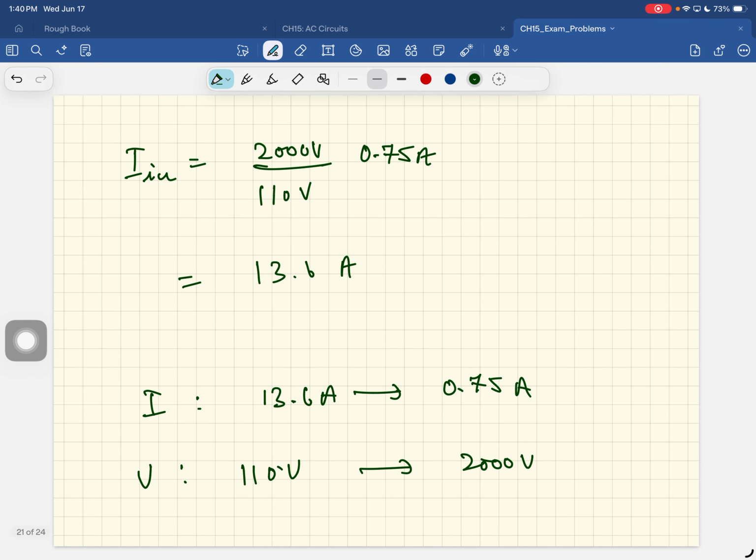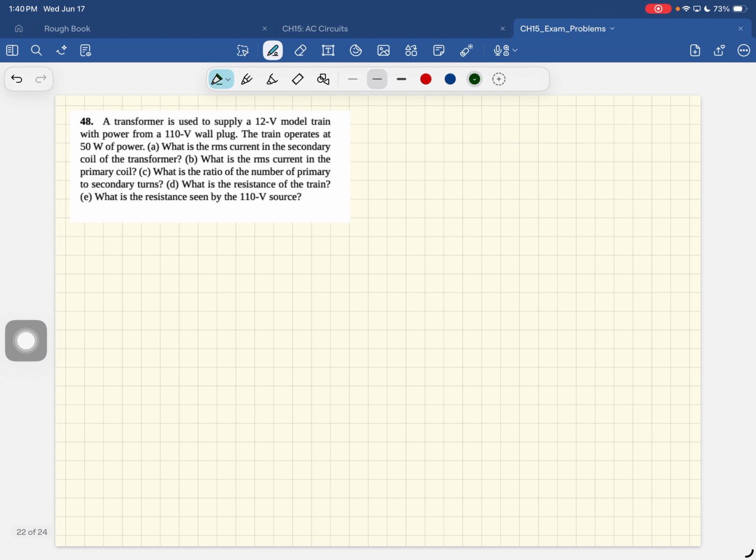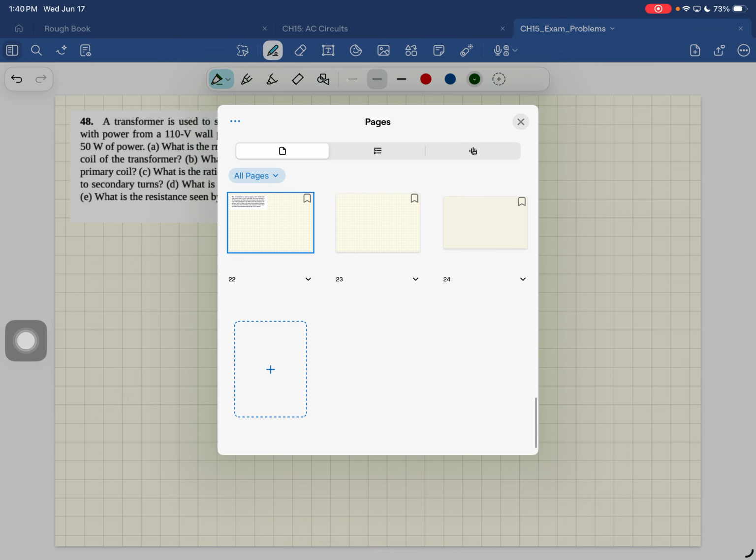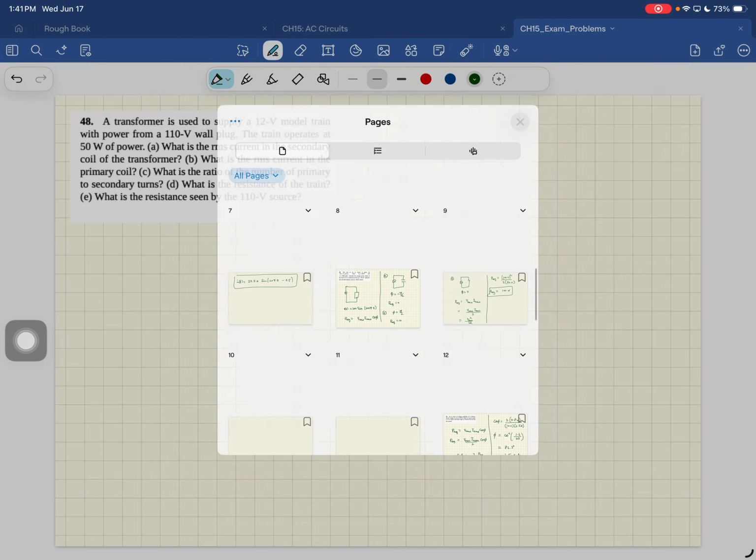What is the resistance seen by the 110-volt source? Power in is equal to power out.